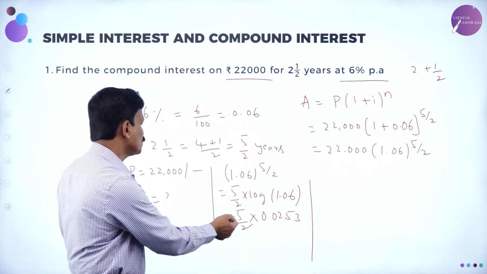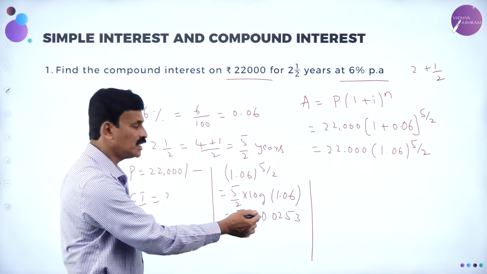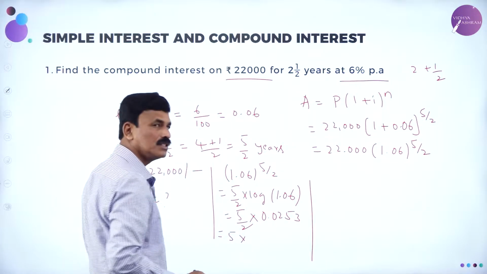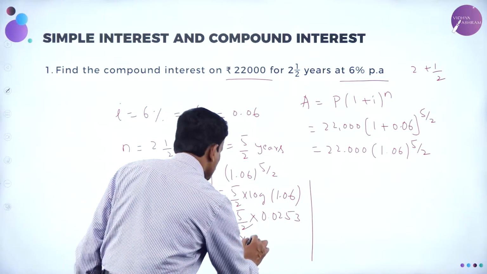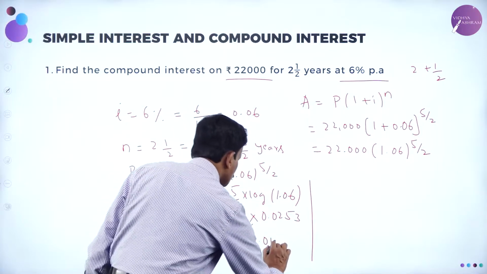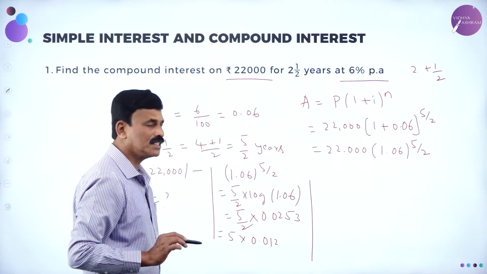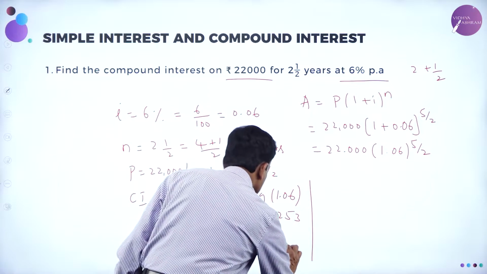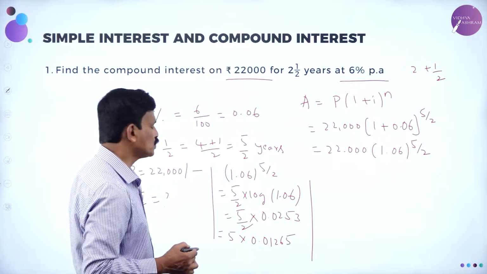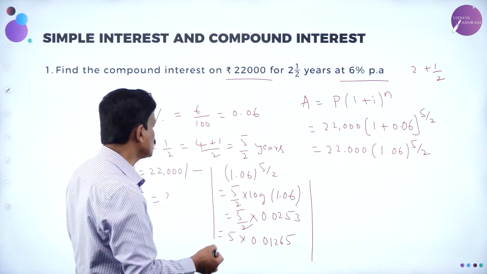Let us divide 0.0253 divided by 2. So this is equal to 5 into, if you divide by 2, 0.0126 and so on, again 2 2s are 4 and 13, 2 6s are 12 and 1, 2 5s are 10. So 0.01265. Now just multiply this with 5.